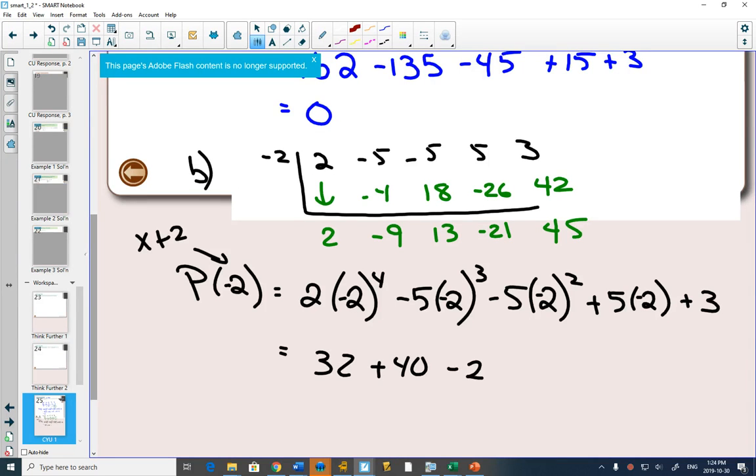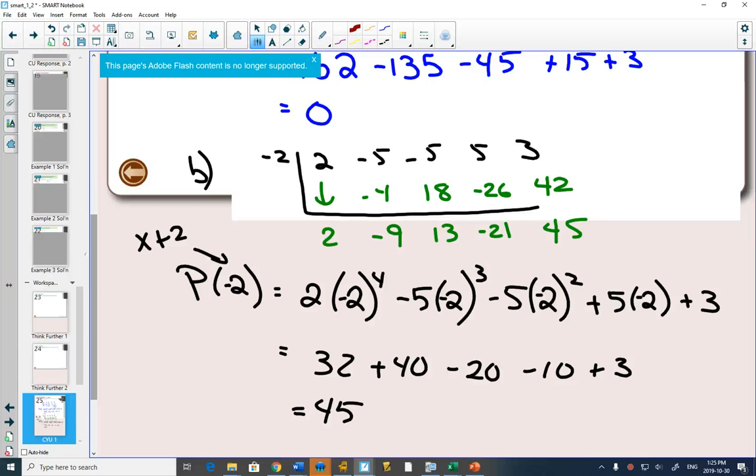Positive 4 minus 20 minus 10 plus 3. So 72, 75 minus 30, 45. So once again, about equal, probably the synthetic division was easier. But we can get the remainder either way.